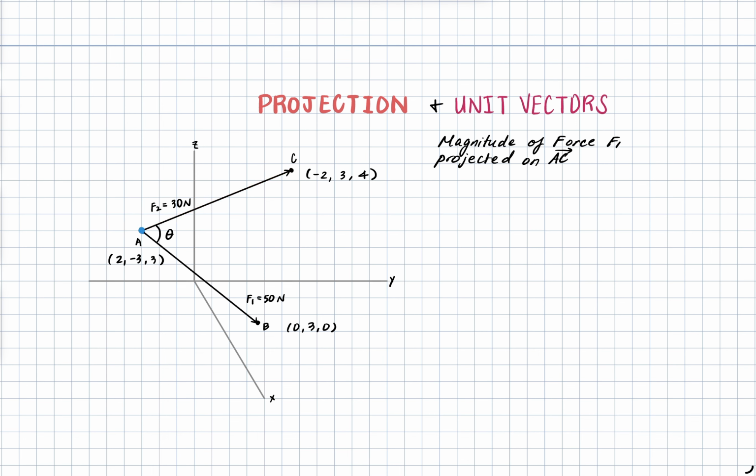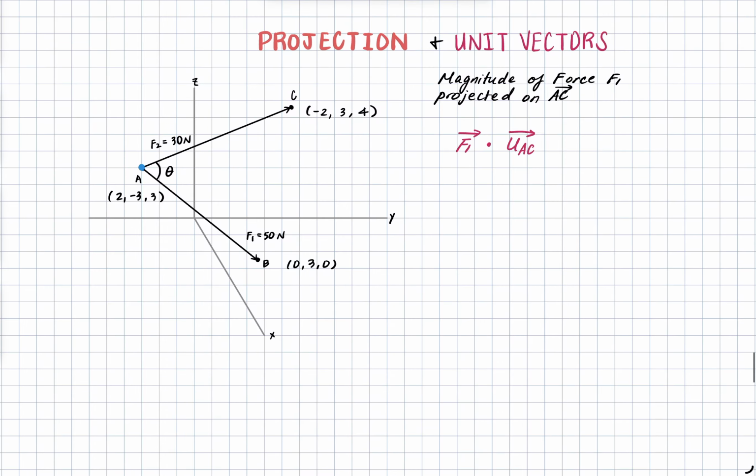To get the magnitude of the force F1 projected on AC, this is the formula we're going to need: the force vector F1 dot product with the unit vector of AC. Looking at what we're given, we have the magnitude of F1, but we're not given the vector of the force.